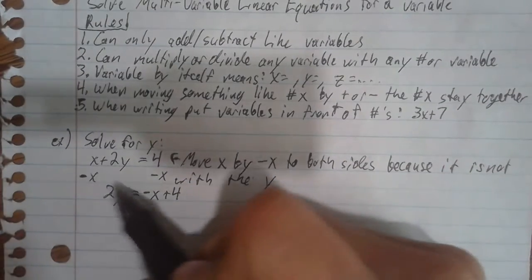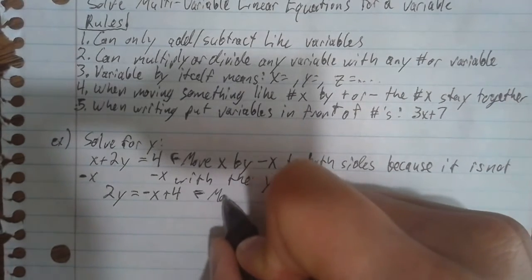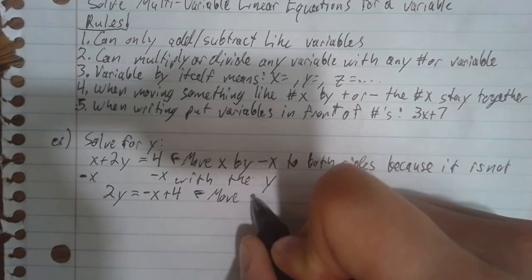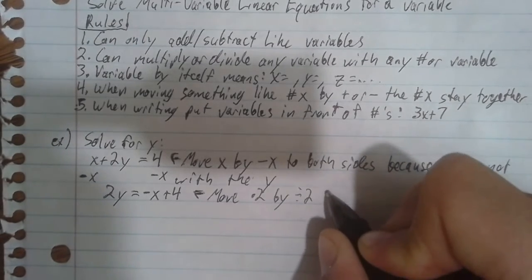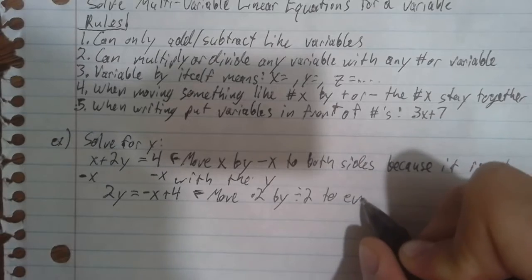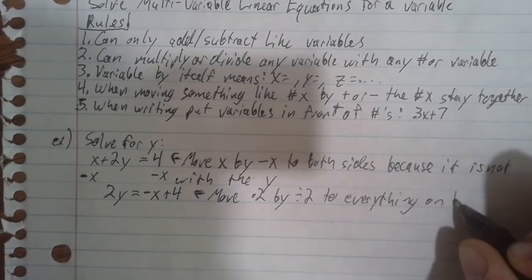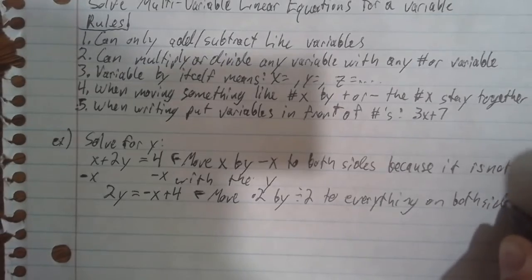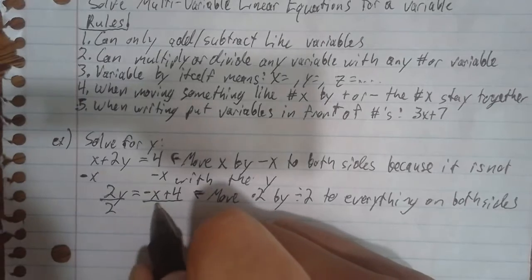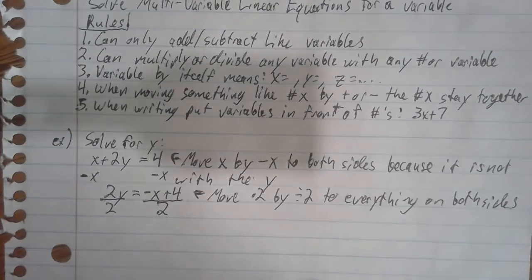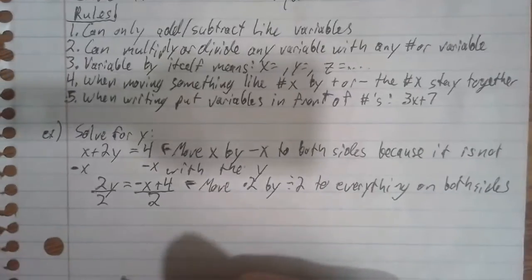Now we need to move the 2. So we are going to move the times 2 by dividing by 2 to everything on both sides. So we're going to divide 2 and divide everything on that side by 2. Everything. So it's not just one thing, we're going to divide everything.